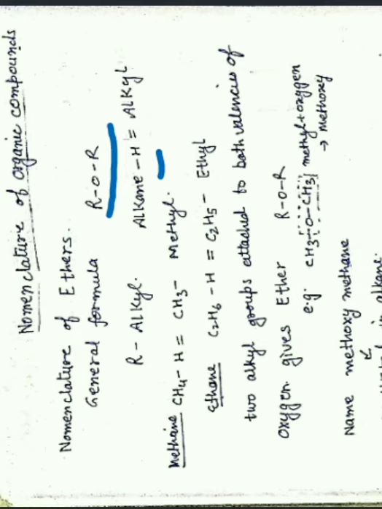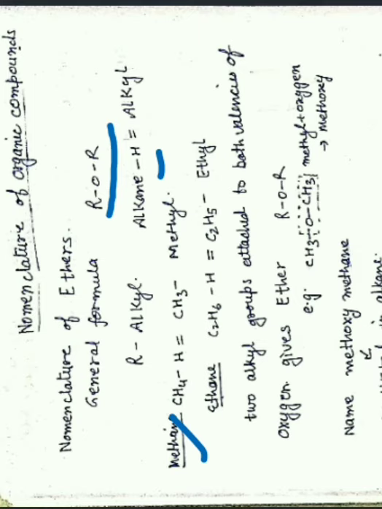For example, if you are taking methane, it is CH4, and if you remove one hydrogen from this compound, carbon has four valencies, out of which one valency will become free now. So when we write methyl, we add one free valency in front of it.